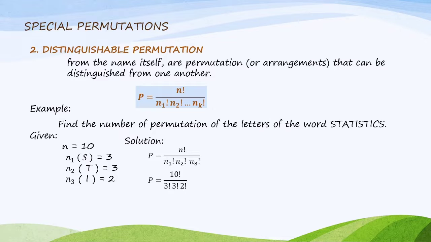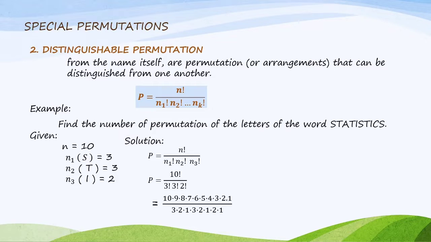Substitute the given to the formula. So P equals 10 factorial divided by 3 factorial times 3 factorial times 2 factorial. Then simplify. 10 factorial is equal to 10 times 9 times 8 times 7 times 6 times 5 times 4 times 3 times 2 times 1 divided by 3 factorial, which is 3 times 2 times 1, times the other 3 factorial, which is 3 times 2 times 1.